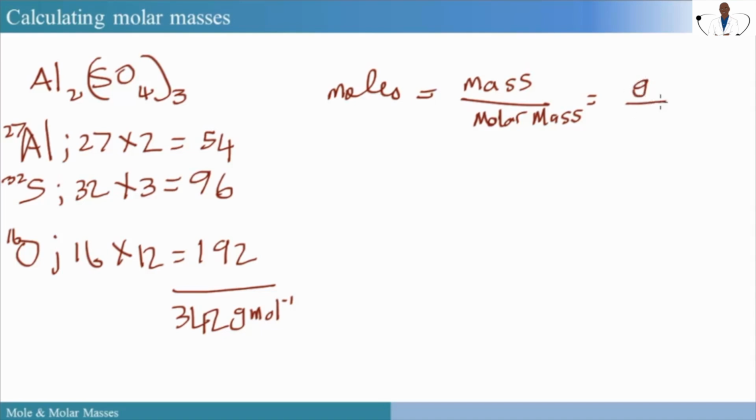grams over grams per mole. Now this is simply saying that it is grams over grams divided by moles. And another way of writing that is to say grams divided by grams per mole.